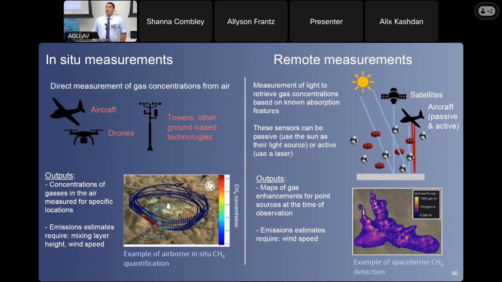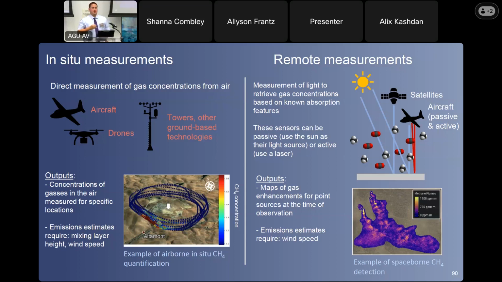So how do we measure these point sources? For in situ measurements, we can take direct sampling of the atmosphere, either ground-based or aircraft-based. So there are concentrations in an XYZ space. We can use that to estimate emission rates with some assumptions regarding mixing layer heights and wind speeds. The figure on the left shows one example of that type of methodology, doing a corkscrew at different altitudes to quantify methane emissions from a landfill.